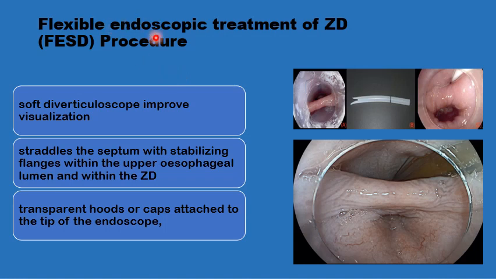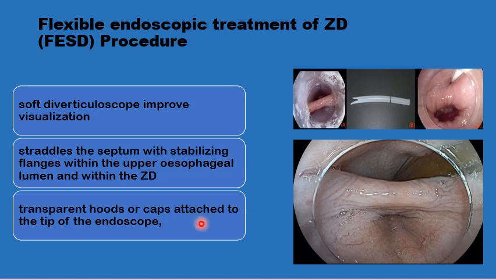With the use of the flexible endoscopes, two things can be used to improve visualization in the narrow area of the lower hypopharynx and the upper esophagus. One of them is a soft diverticuloscope, basically a short and soft tube with two flanges that would straddle the cricopharyngeus septum and open up the space and make it easier to stabilize and identify the bar of tissue that is to be divided with the use of the flexible scope.